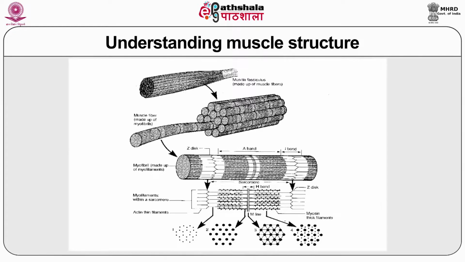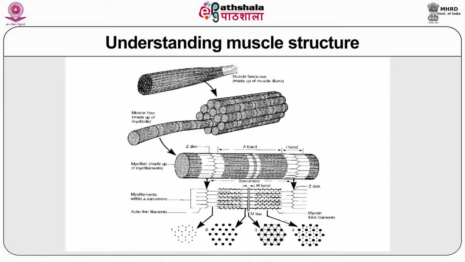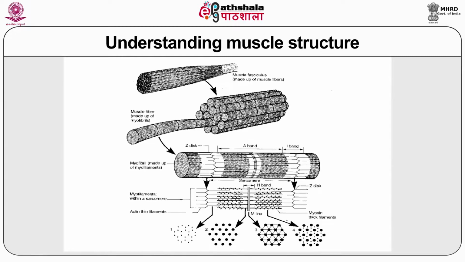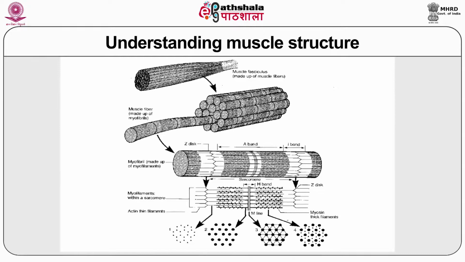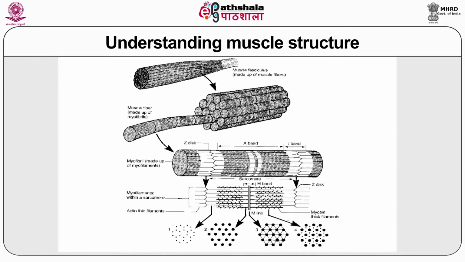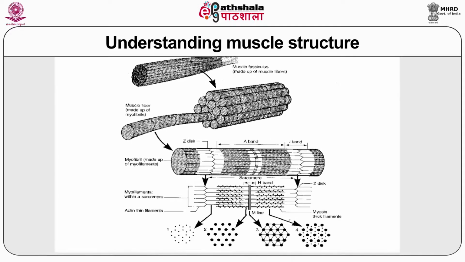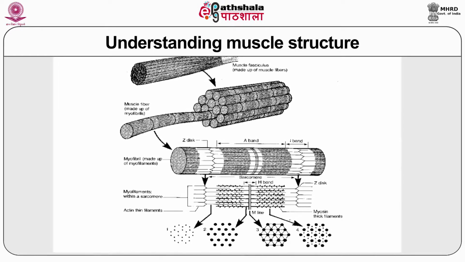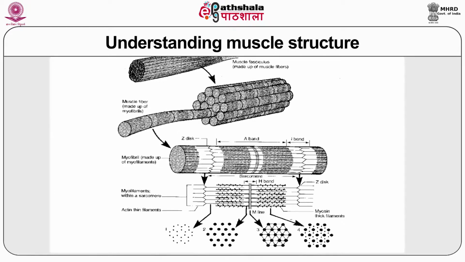The muscle bundle consists of a large number of muscle fibers, and each muscle fiber is equivalent to a cell. Each fiber is made up of myofibrils, which in turn consist of densely packed contractile components arranged in a regular fashion.